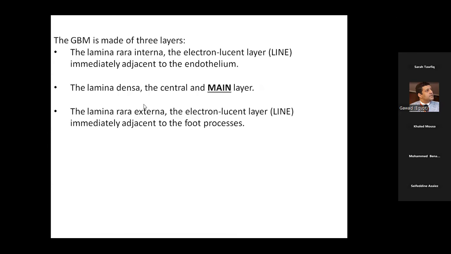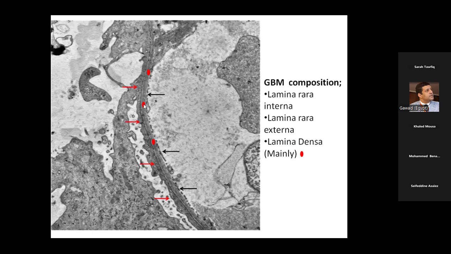As I mentioned, the lamina rara interna is the electron-lucent layer or line. It's just the thin line immediately adjacent to the endothelium, and it is a potential space. What's meant by a potential space?